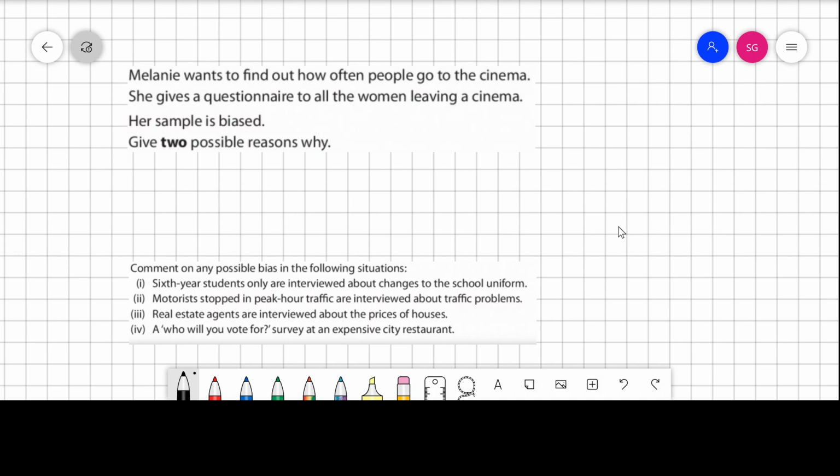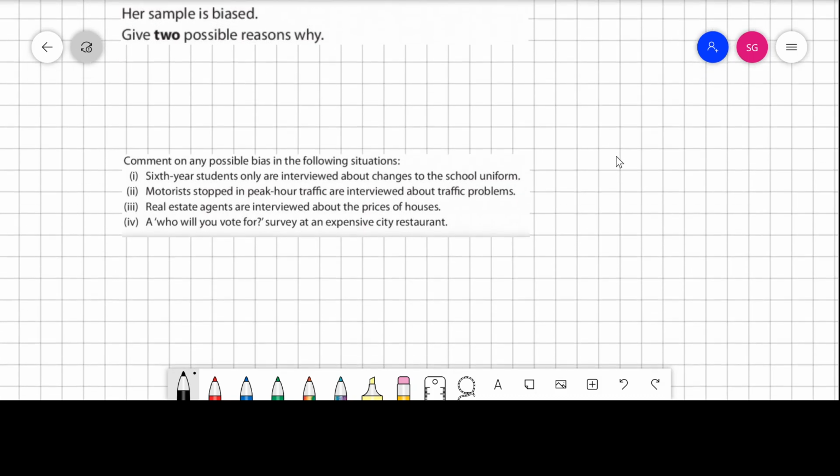But if it's a cinema that's very popular with people who regularly go to the cinema, for example, if you have one of those year-long subscriptions to be able to go to whatever movie you want, those type of people are more likely to go to that particular cinema that they have the subscription for. So 3 possible reasons.